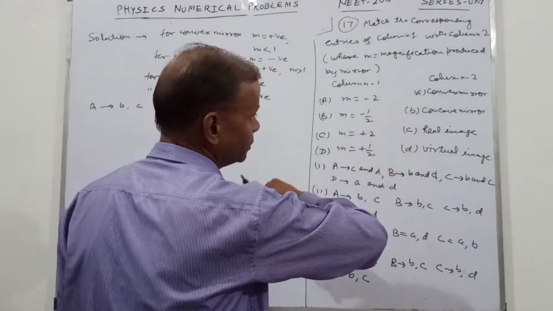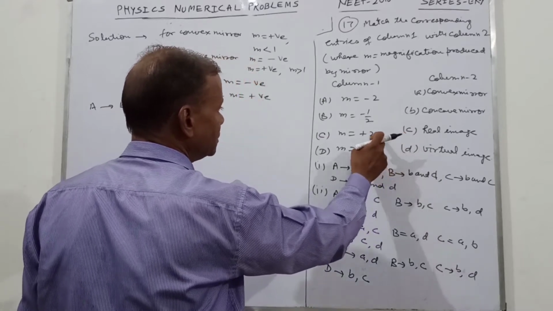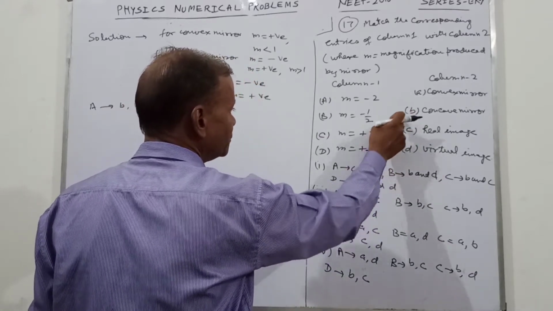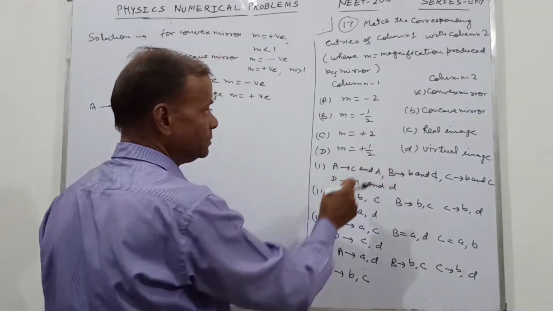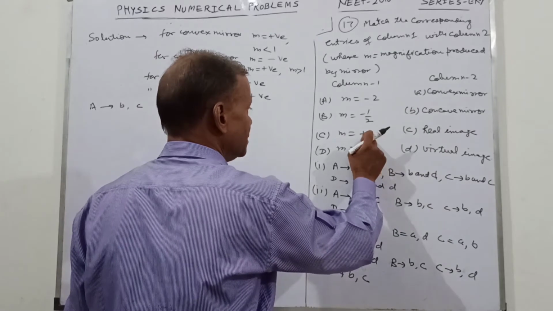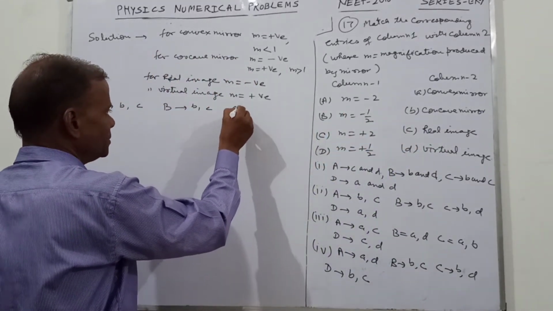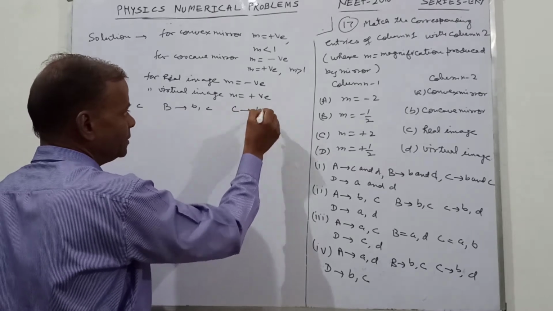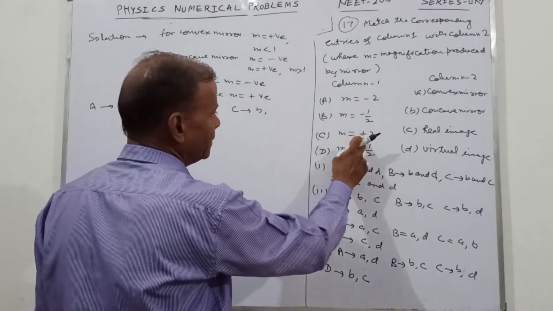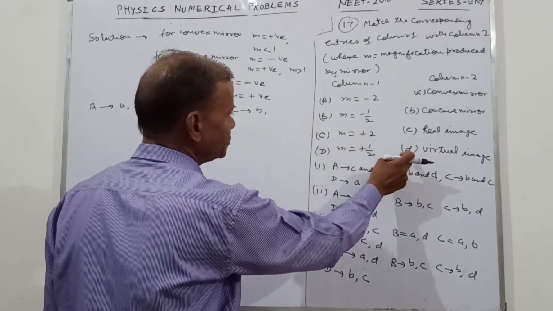This will be more than 1. And for plus 2, this is now concave, because when the image is enlarged, then we have the concave mirror. So this C matches to this B. So C to B. And then M equal to plus 2, this is now a virtual image. So this is now D.